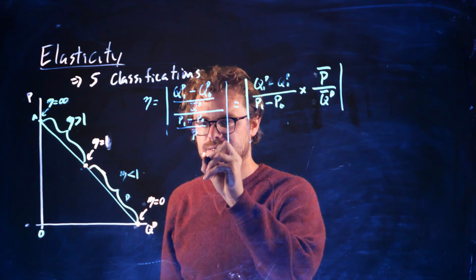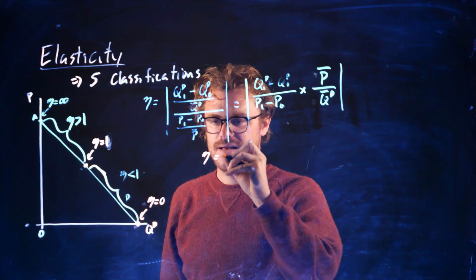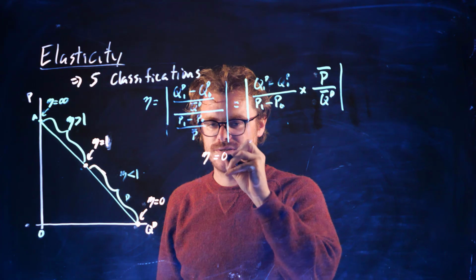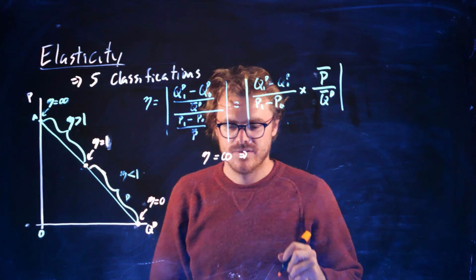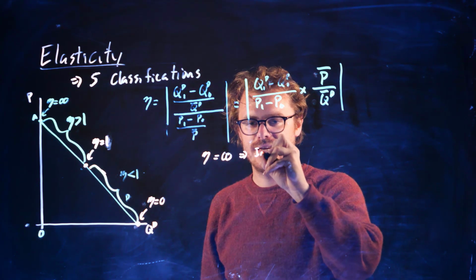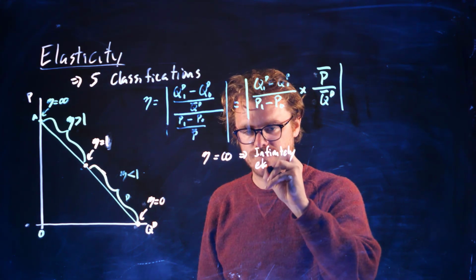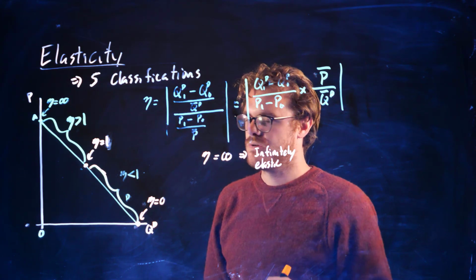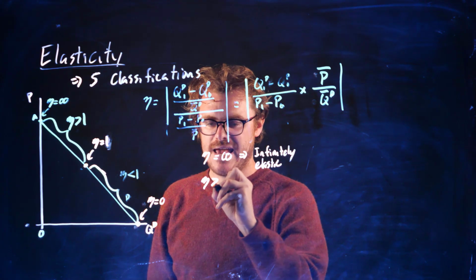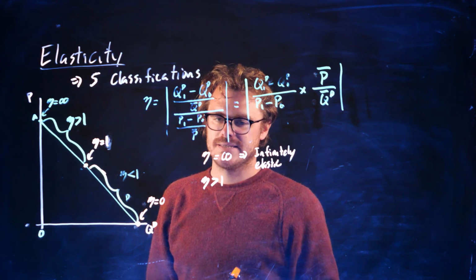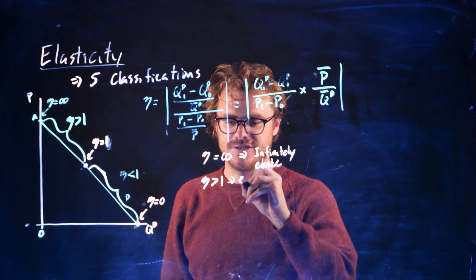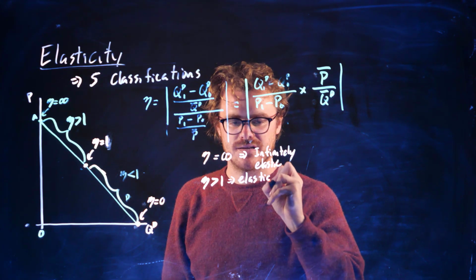So we're going to say that when eta, or elasticity, equals infinity, it's infinitely elastic. We're going to say that when eta is greater than 1 but less than infinity, we're going to call that just elastic.